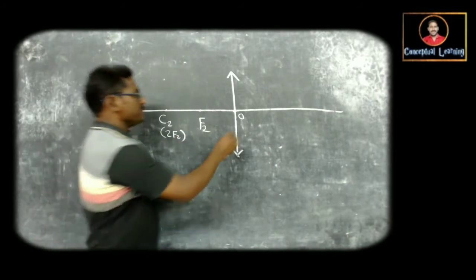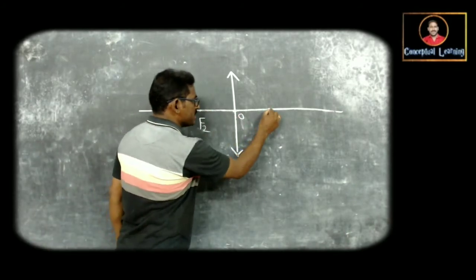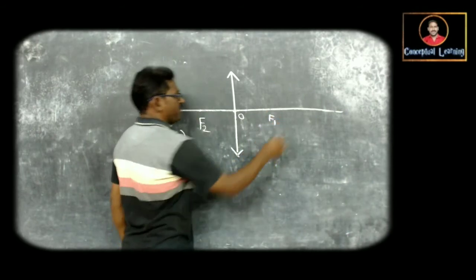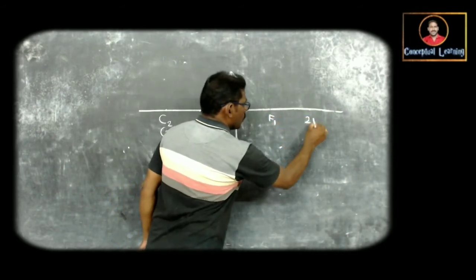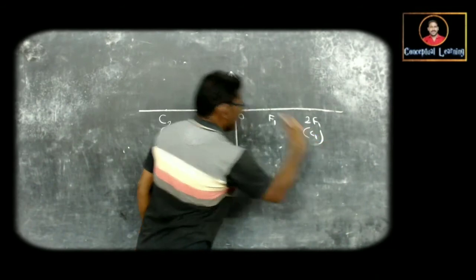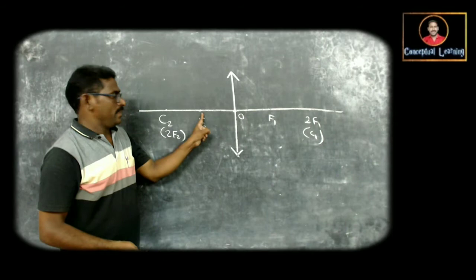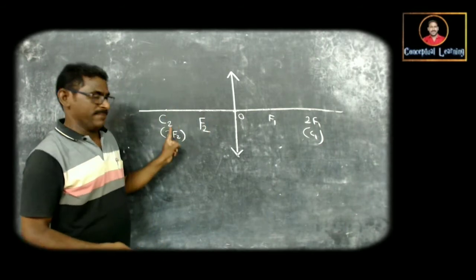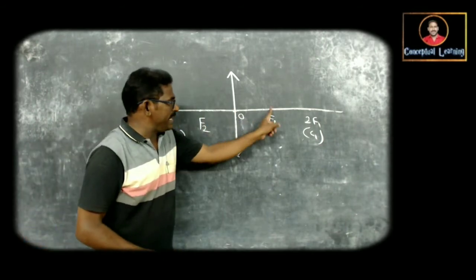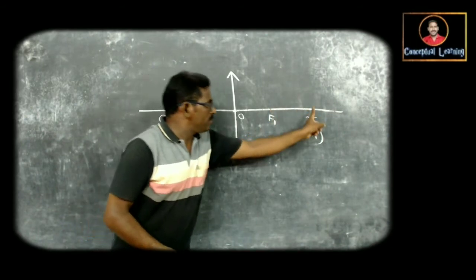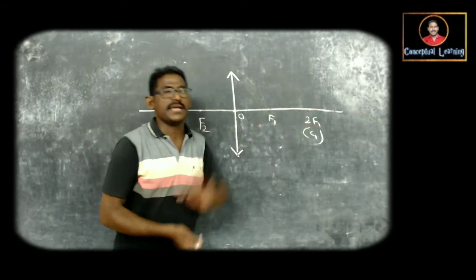In the same way, at equal distances, this is the principal focus F1 and this is 2F1 or C1. Here the distances between O and F2 and 2F2 are the same. In the same way, O and F1, and F1 to F2, these distances are the same.